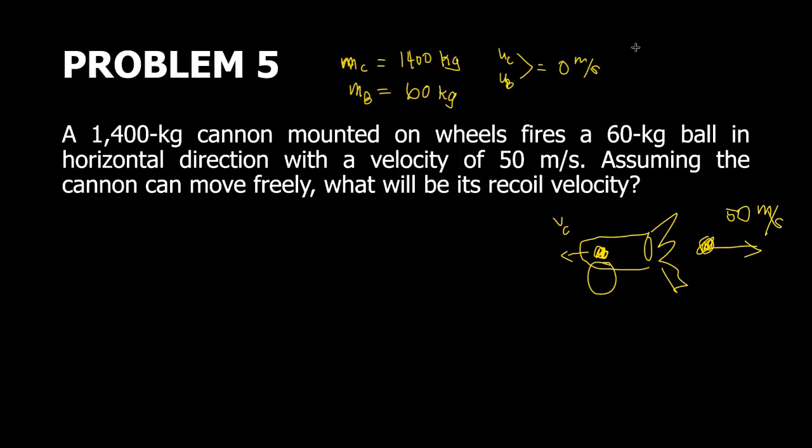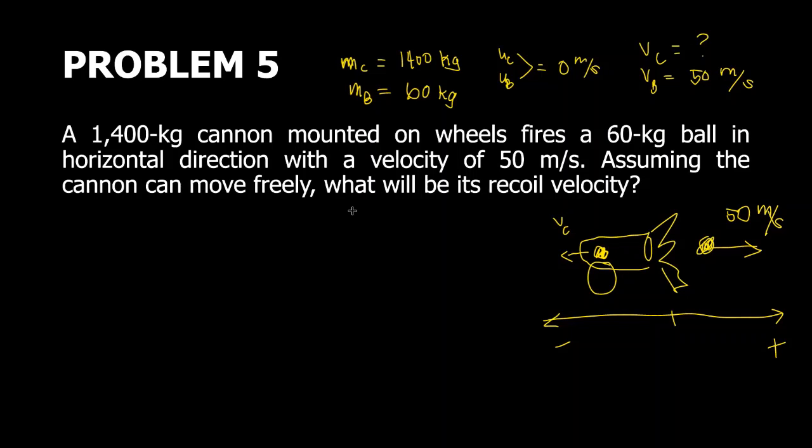Ngayon, yung final velocity naman ng ball mo, remember yung sign convention, positive and negative side. Since directed siya sa right, dito sa figure natin, that is 50 meters per second. And we're finding the recoil velocity of the cannon.